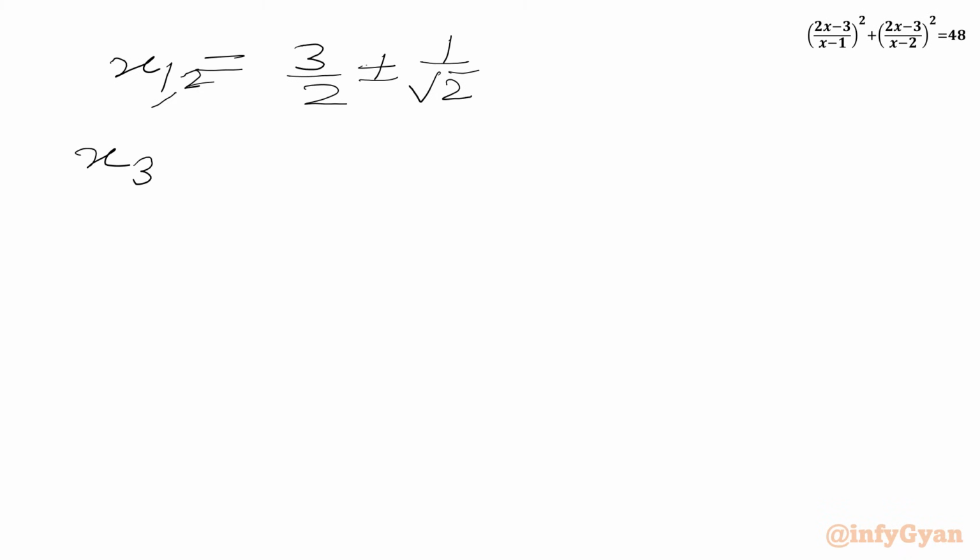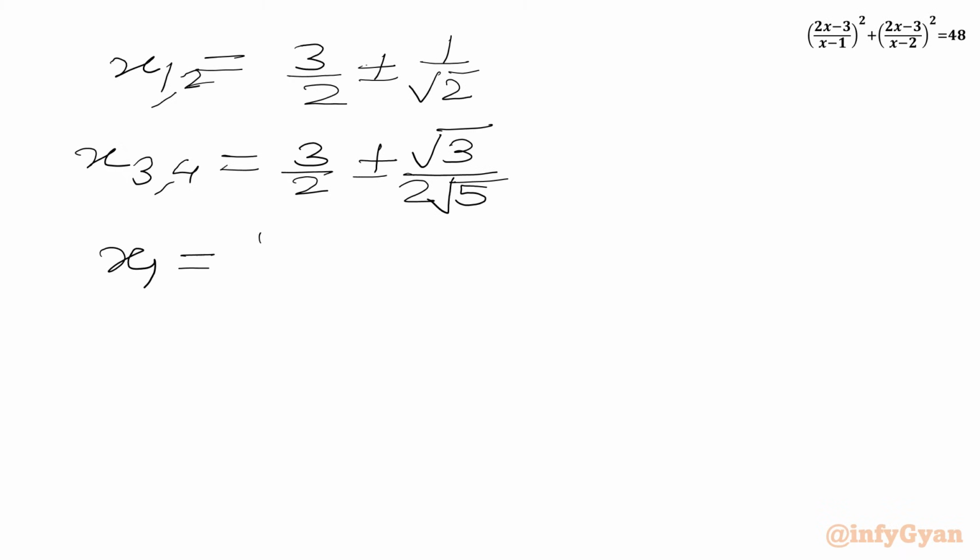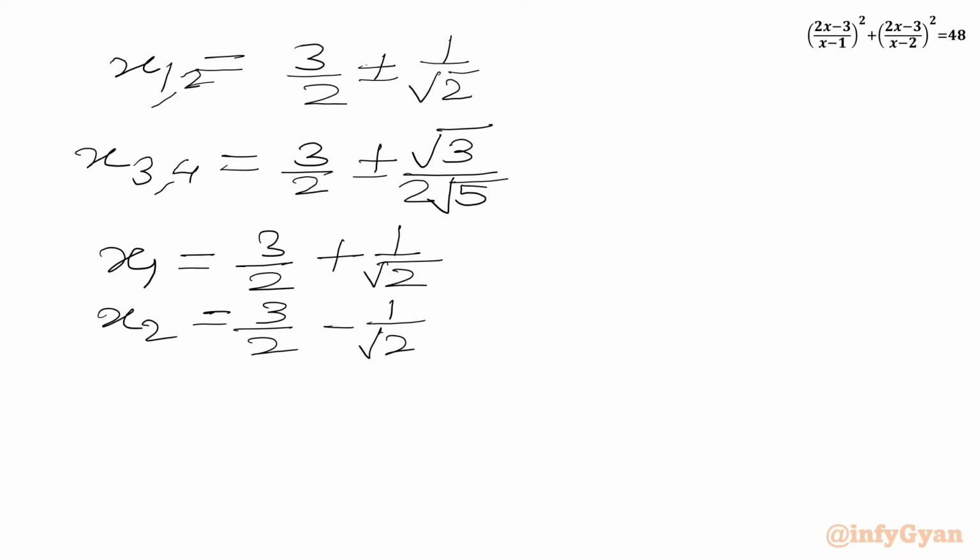Similarly, we will write 3, 4 will be equal to 3 over 2 plus minus root 3 over 2 times square root 5. So I can write x1 will be equal to 3 over 2 plus 1 over root 2. x2 equal to 3 over 2 minus 1 over root 2.